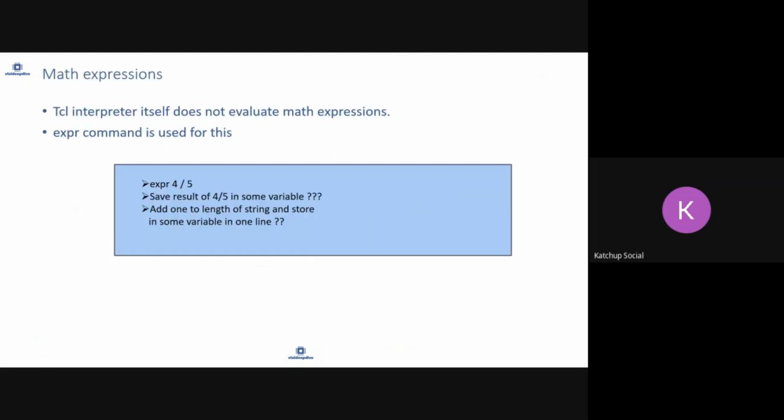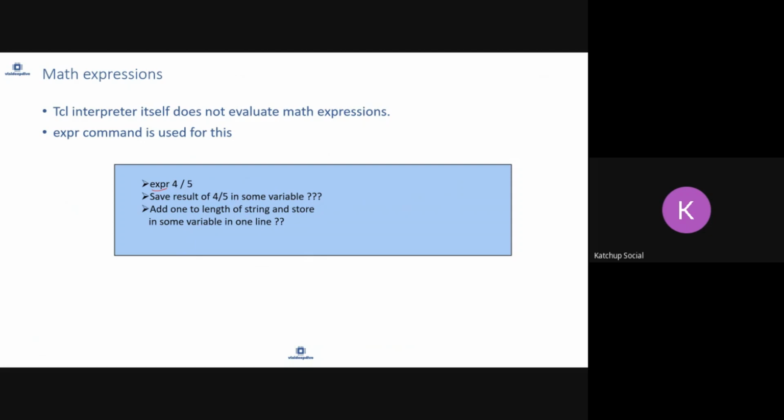Since everything is a string, you can't simply write a plus b. You have to use a special command, and that command is expr. So the expr command is used to do math operations.